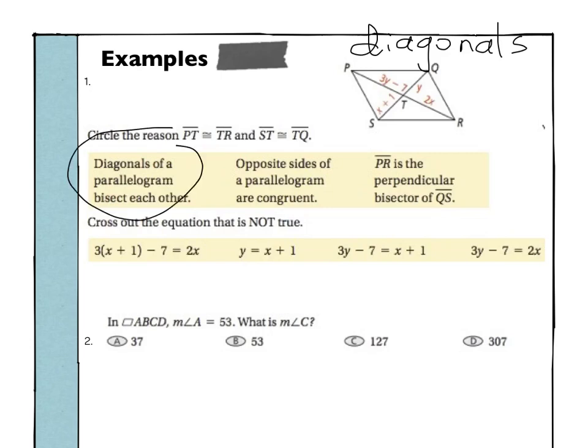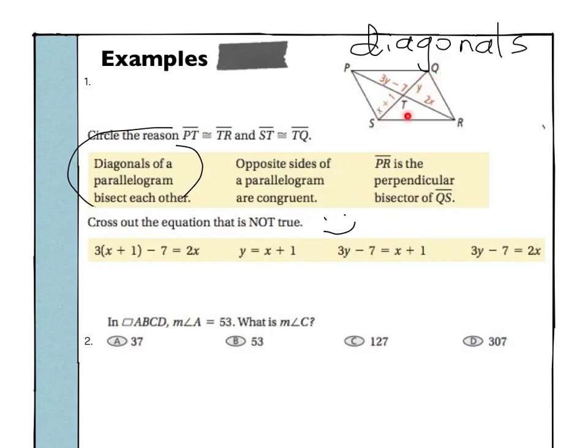Okay, next one. It says cross out the equation that is not true. That must mean that one of these is false and the other three are true. Let's see if we can find the three true ones and we'll find the imposter. Now that we know that these segments are part of the diagonals and they're bisecting each other, then y is definitely the same as x plus 1.